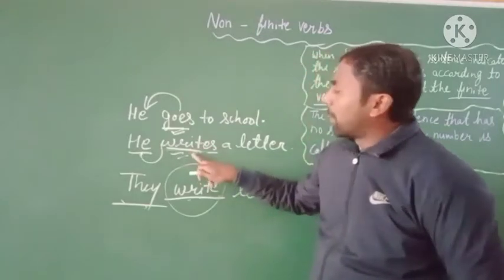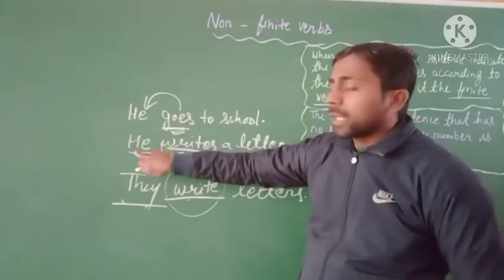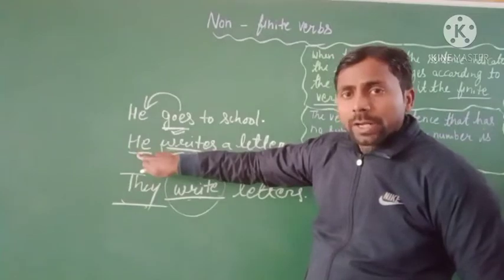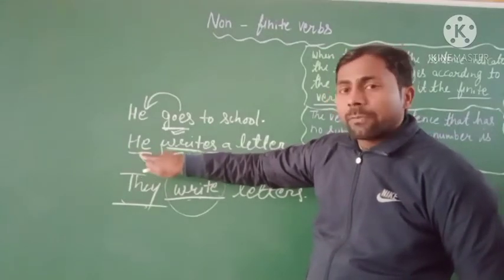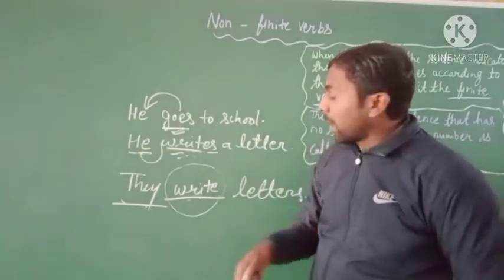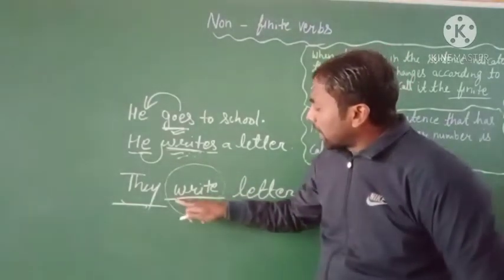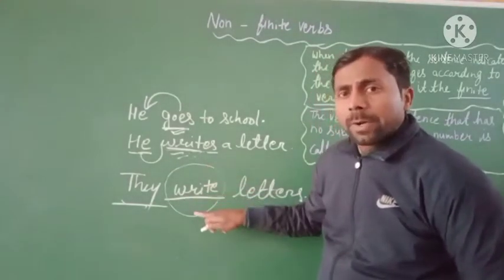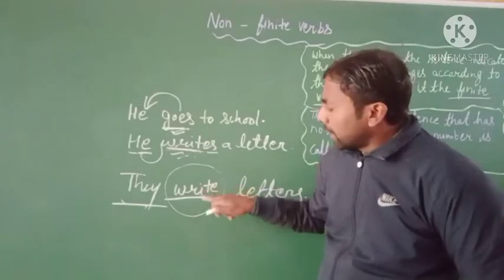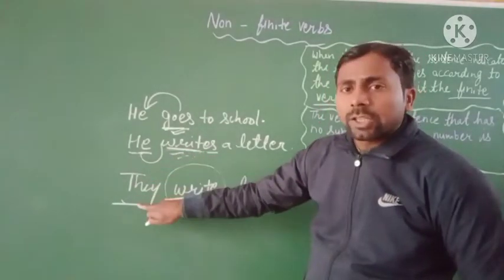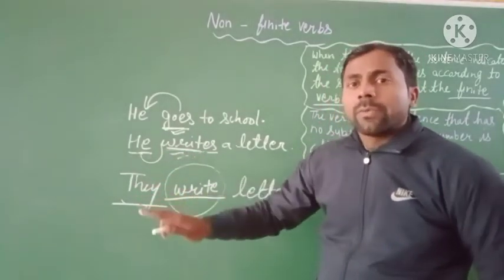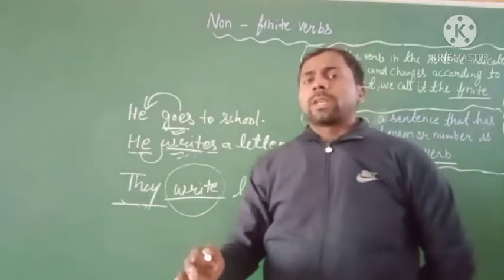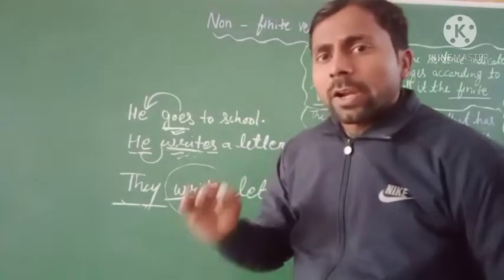Because this singular verb is used according to he. The word he is a subject and it refers to only one person. And in the second sentence, write is a plural form verb and it is used according to the subject they, and the word they refers to more than one person.